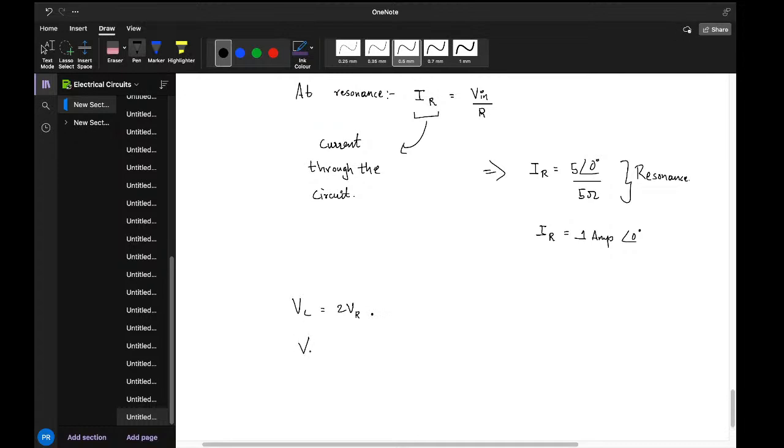Now the voltage across the load can be written as the current I in the circuit multiplied by the impedance of the inductor. Okay, so let me write Z of L over here.